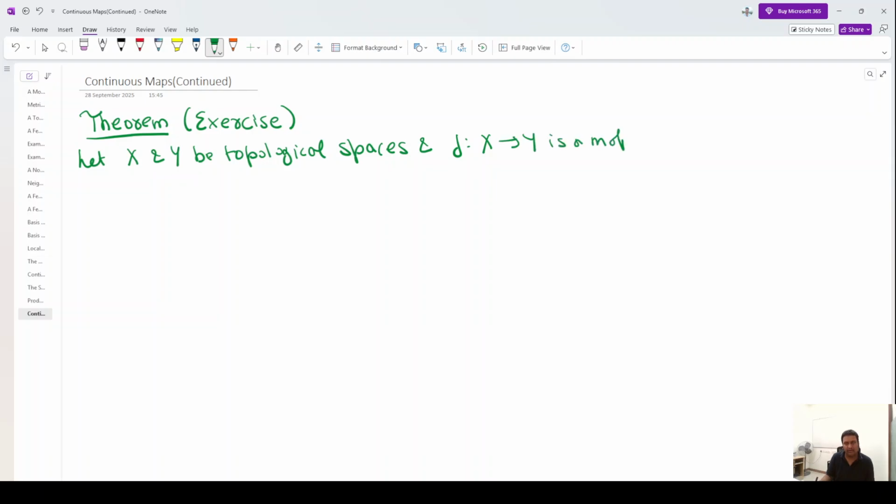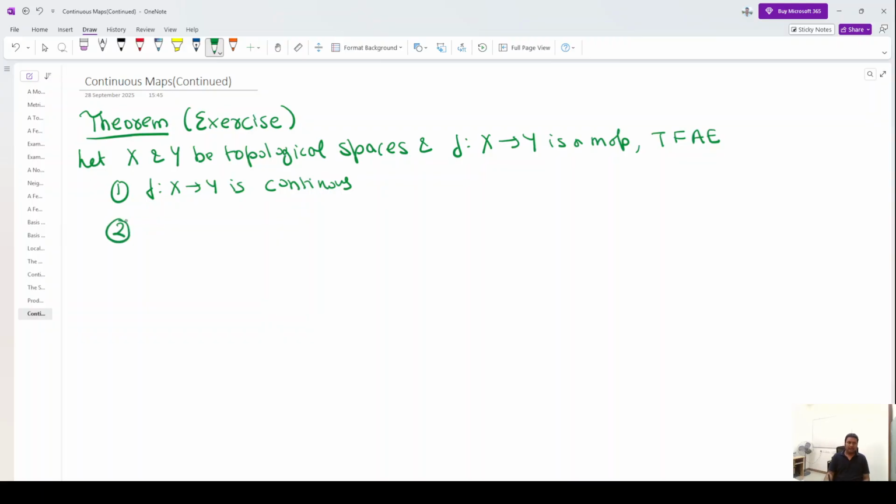Then the following are equivalent, TFAE. Number one, f from X to Y is continuous.